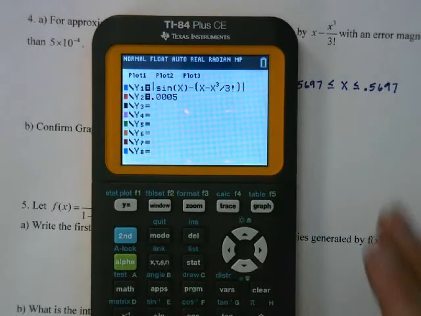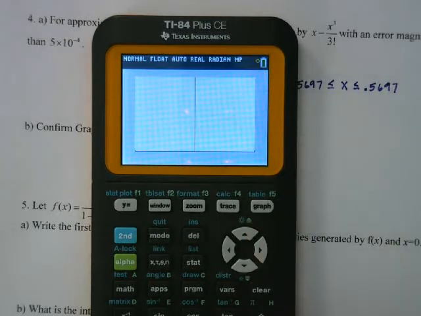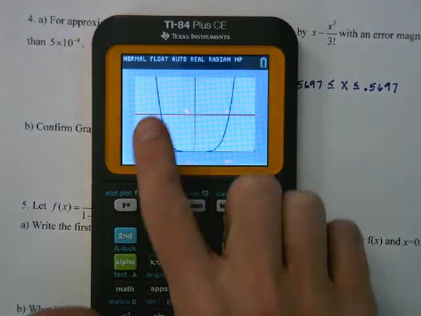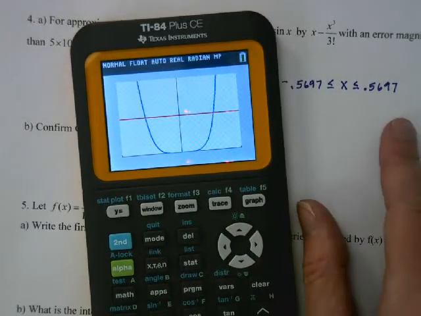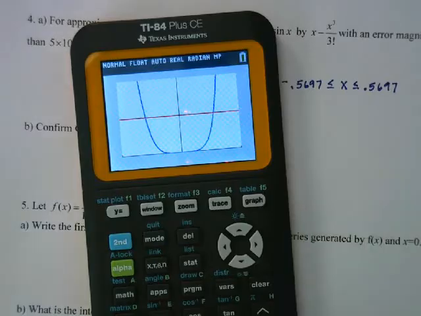I actually want to look at the absolute value of the error, so now when we graph it, we'll get both sides. Okay, and if you calculate these intersections, it's going to be our -0.569 and our positive.